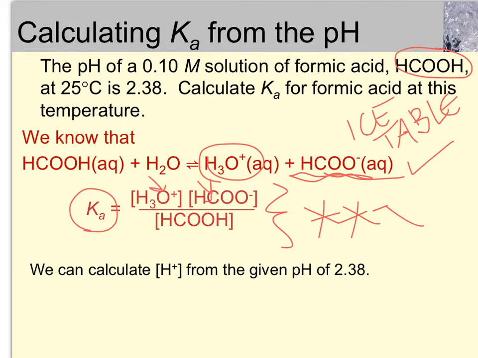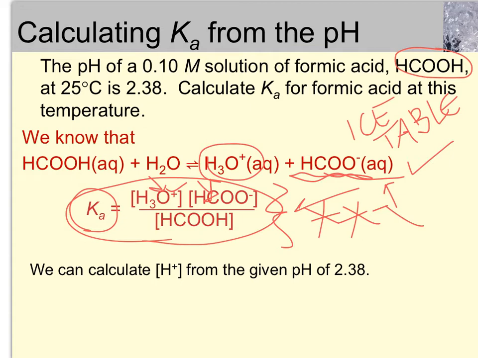On the last exam, a lot of people did a beautiful ice table and then did not show the generic expression for K and just started plugging in the values, and because of that, messed up exponents, coefficients. So please make yourself do both of these. They're also both worth partial credit.